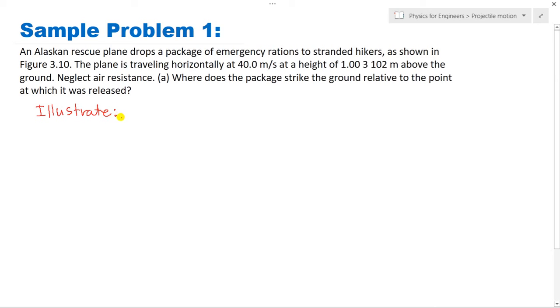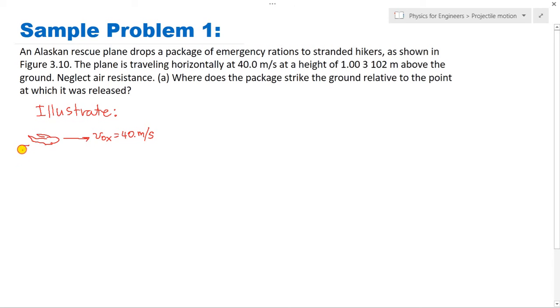Okay, illustrate natin. Sabi na dito, mayroong plane. So let's say this is an airplane. An Alaskan rescue plane drops a package of emergency rations to stranded hikers. Then the plane is traveling horizontally at 40 meters per second. So therefore, nagta-travel na pala to siya on the x direction. So we have Vox is equal to 40 meters per second. Then, at a height of 102 meters.